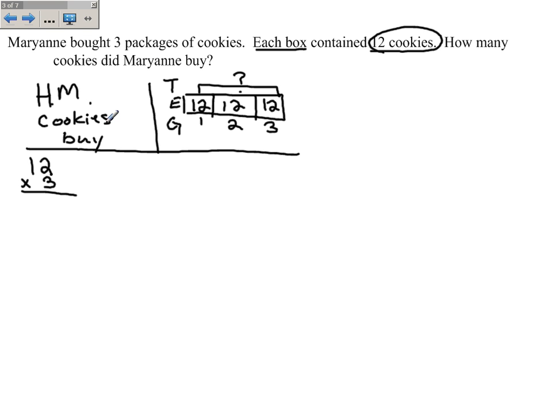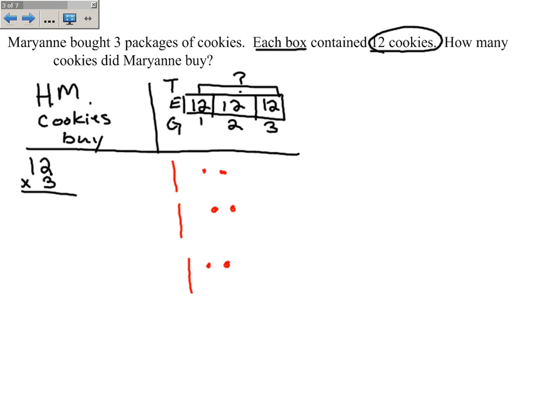First is a picture. 12 is 1 ten and 2 ones. Well, I've got 3 of those. Okay? And just like whenever I'm adding or I'm doing anything where I'm combining my base 10 rods and units, I've got to try and make tens.